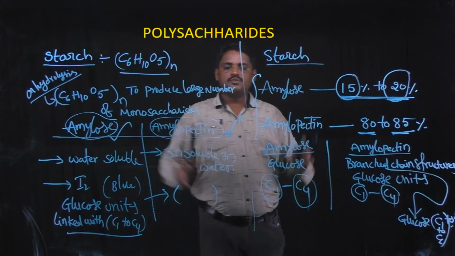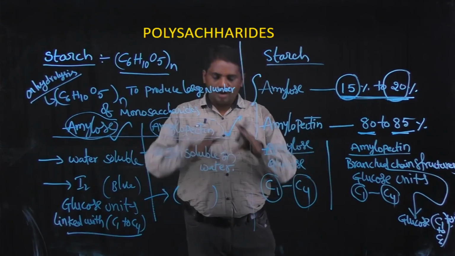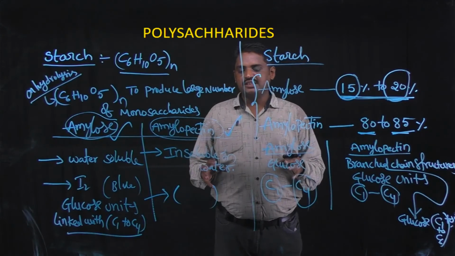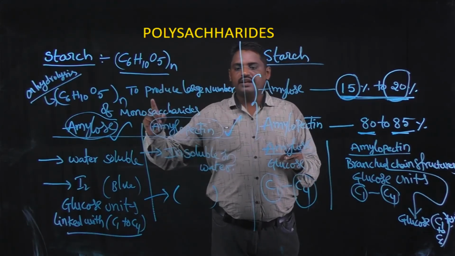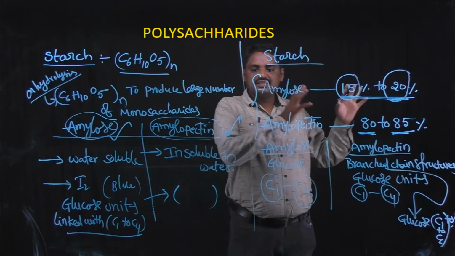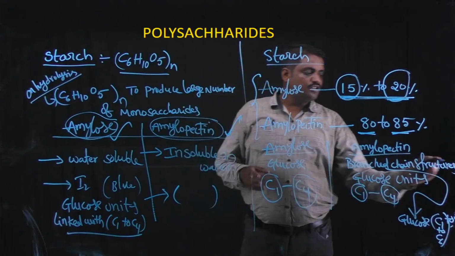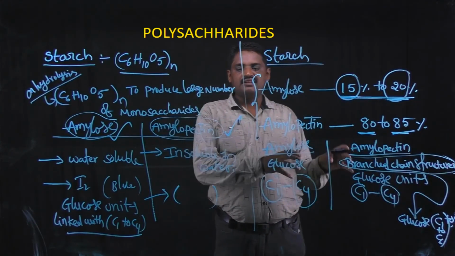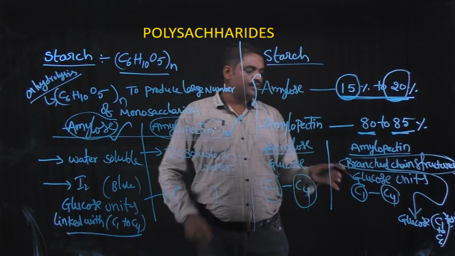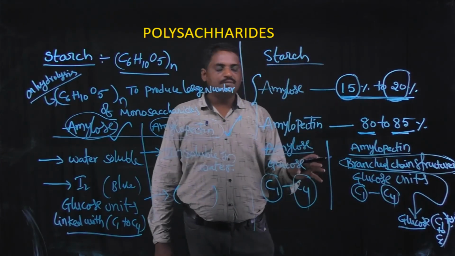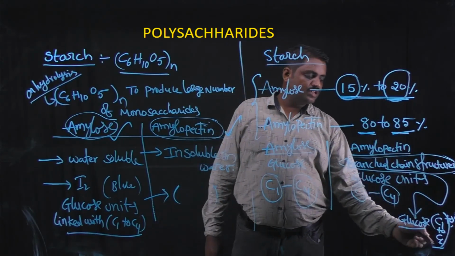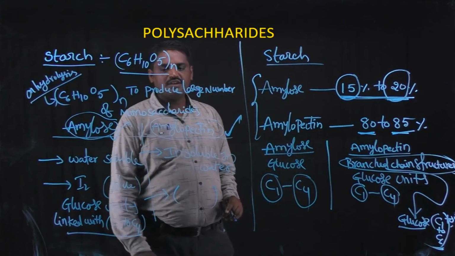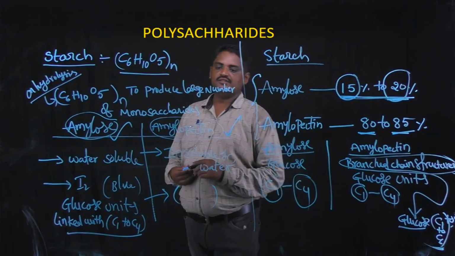Generally, in all carbohydrates, monosaccharides, disaccharides and polysaccharides, only the C1 to C4 linkage is observed, except sucrose, which contains a C1 to C2 linkage. Only in the branched chain part, the first carbon of one glucose is linked with the sixth carbon of the second glucose. That is the linkage of amylopectin. This is the explanation for polysaccharides like starch.